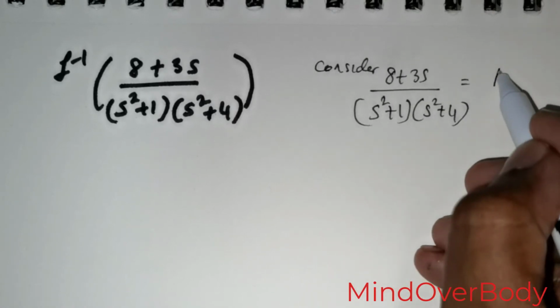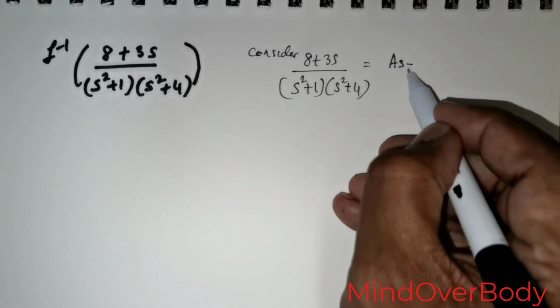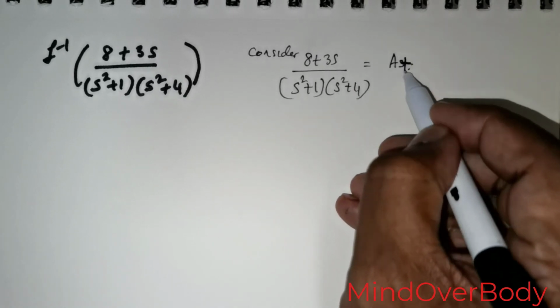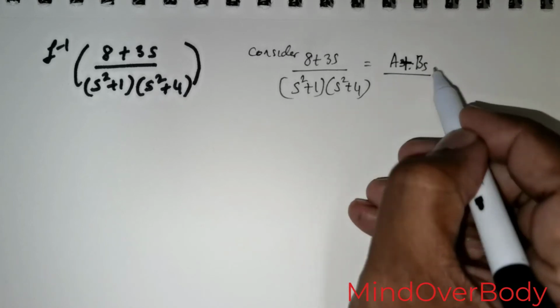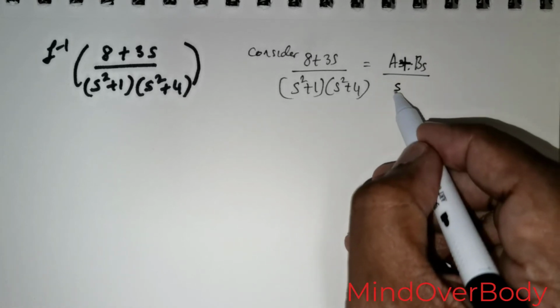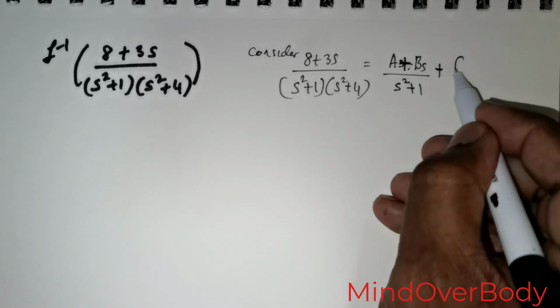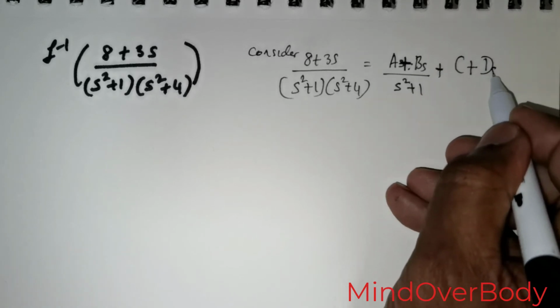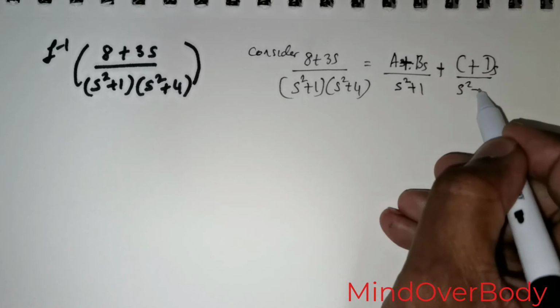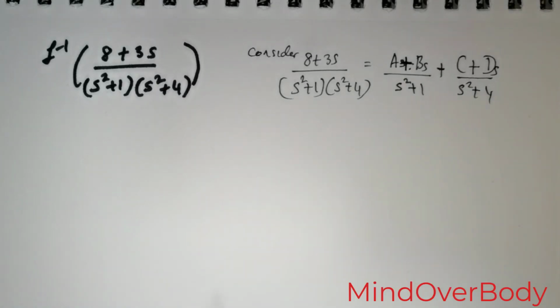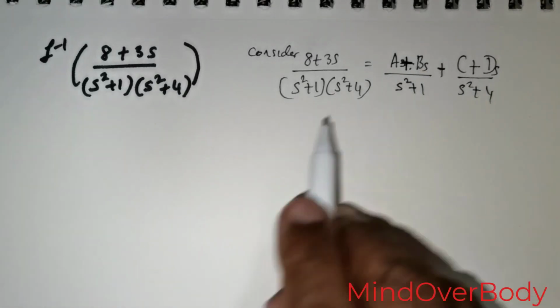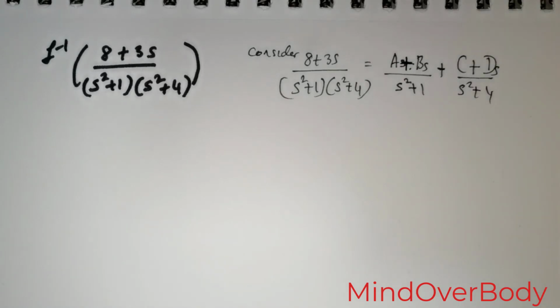I'm going to rewrite this as (a + bs) divided by (s squared + 1), and then followed by (c + ds) divided by (s squared + 4). I'm just writing it for the sake of convenience. You can always interchange the presence of s depending on what you want, but I prefer it in this fashion, so I'm using it.